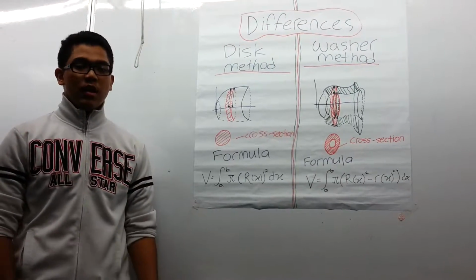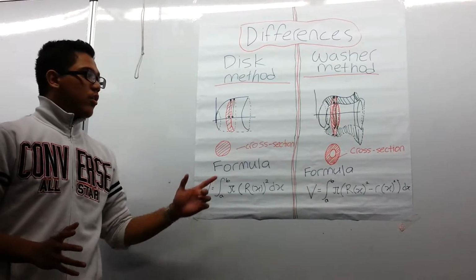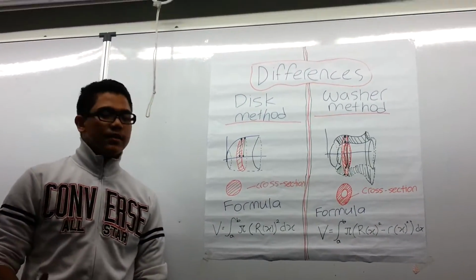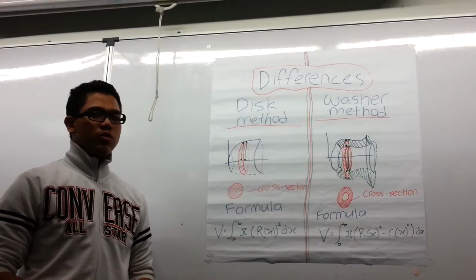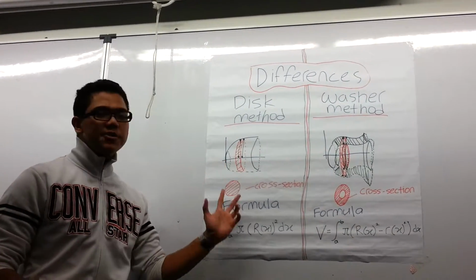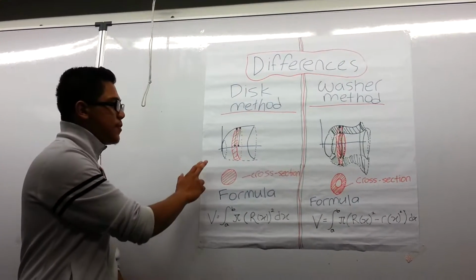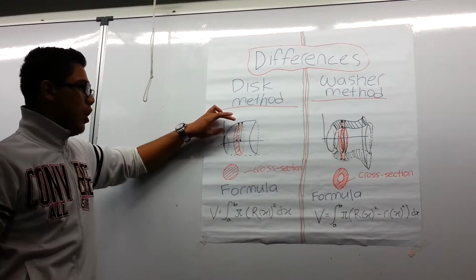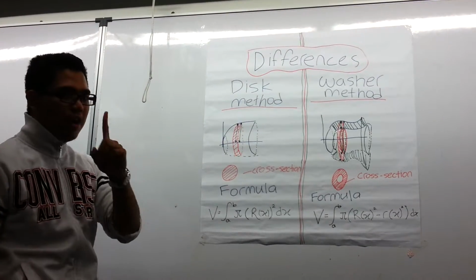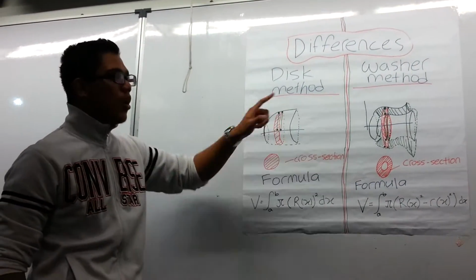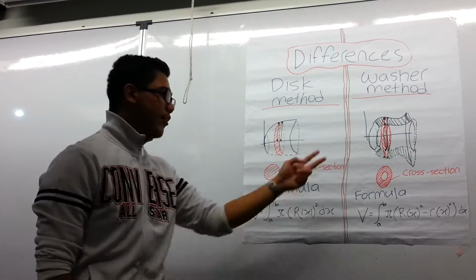Okay, now many people confuse between the washer method and the disk method. Now I'm here to give the differences between this method and the washer method. As we see, this method is used when the graph only has one function. See, only one function, while the washer method has two functions.